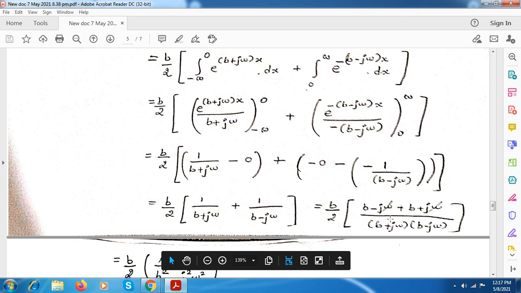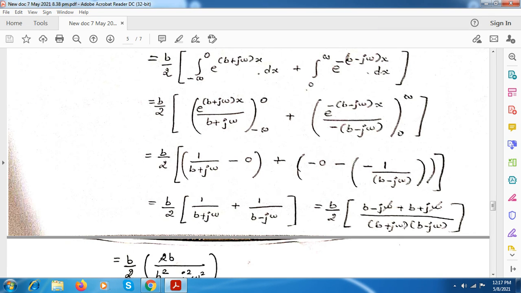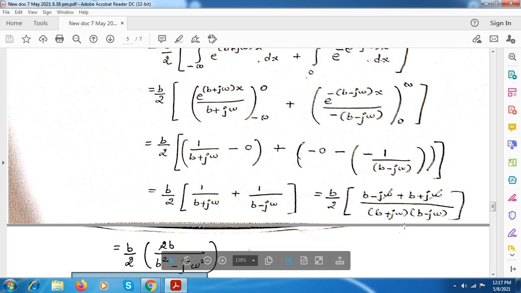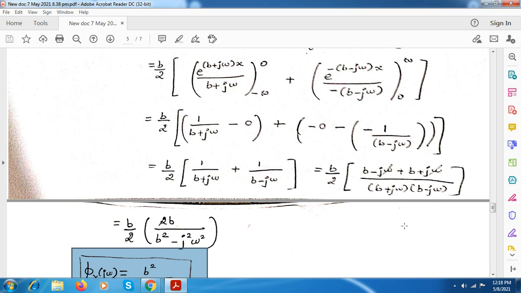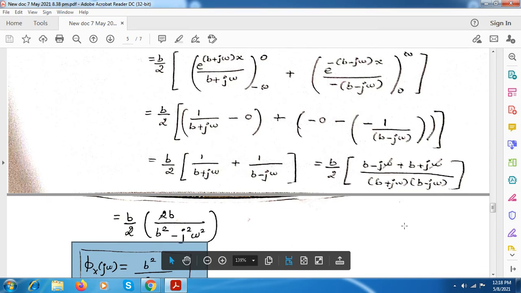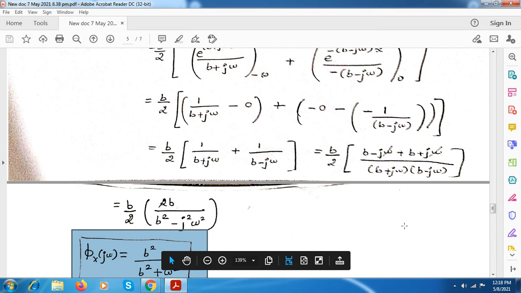Here it will be 2b divided by b square minus j square into omega square. So the final characteristic function will be b square divided by b square plus omega square.